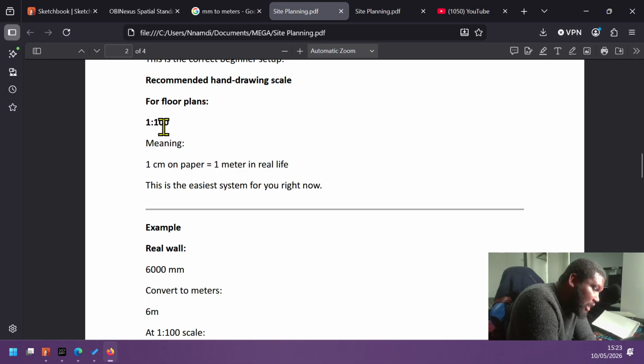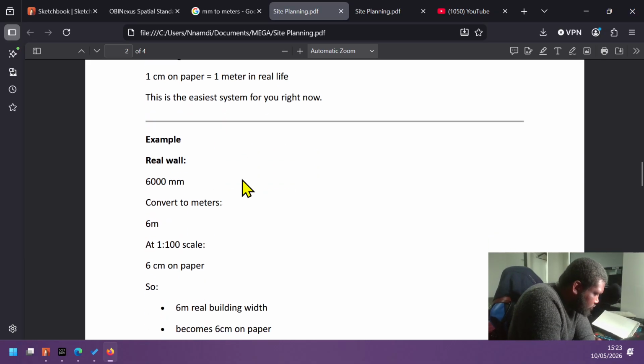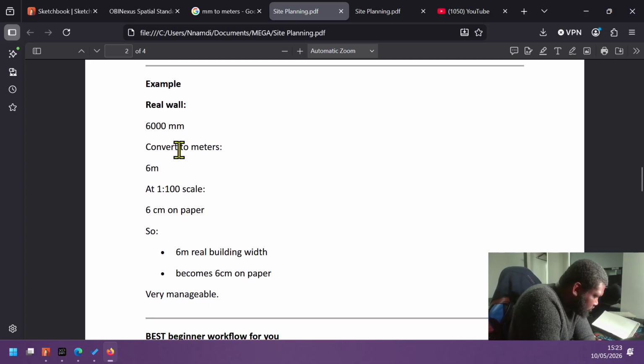Oh, because of mapping. So if I have half a centimeter, so if I have half a meter, 60,000 millimeters converts to meters.